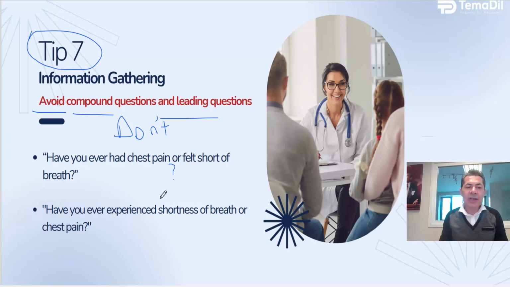Or you can ask, have you ever felt short of breath? Not a compound question, not a leading question. Or have you ever experienced shortness of breath? That's done. No more "or chest pain." We need to ask one question at a time.